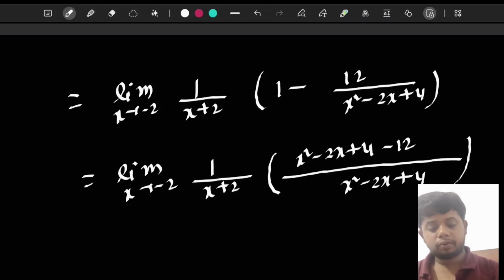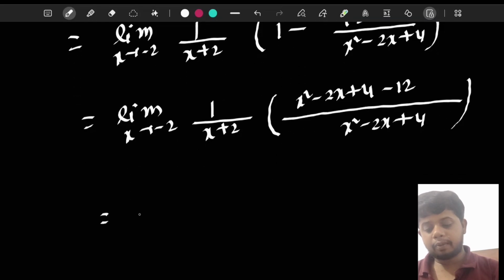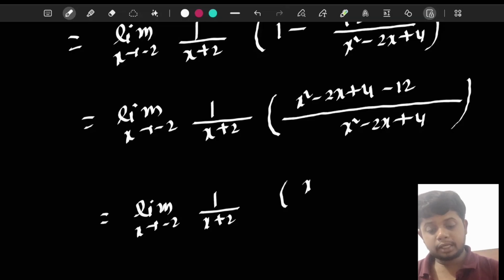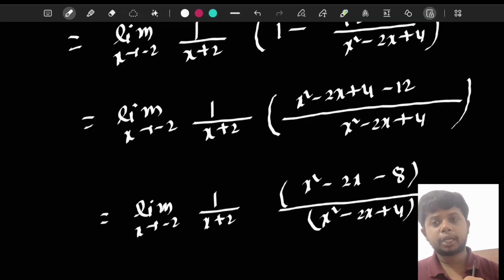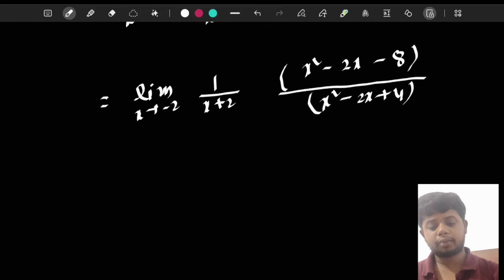So what I'm getting is limit x tending to minus 2, 1 by x plus 2 times x square minus 2x minus 8 upon x square minus 2x plus 4. Correct? You'll say yes sir, correct.